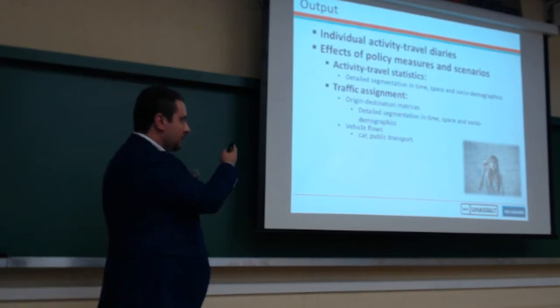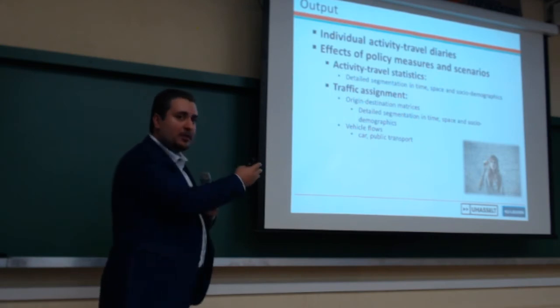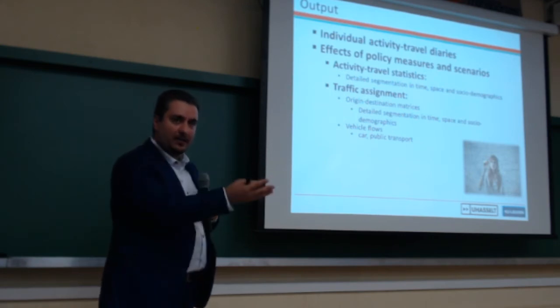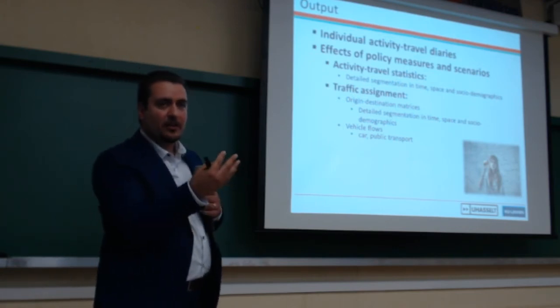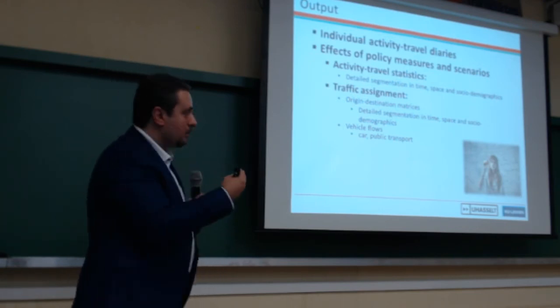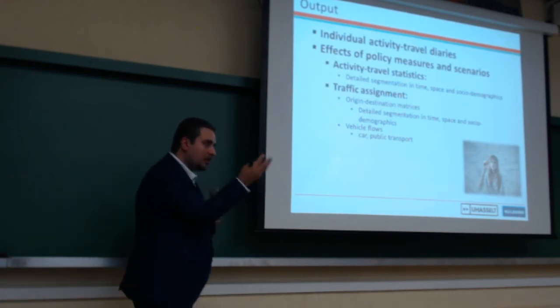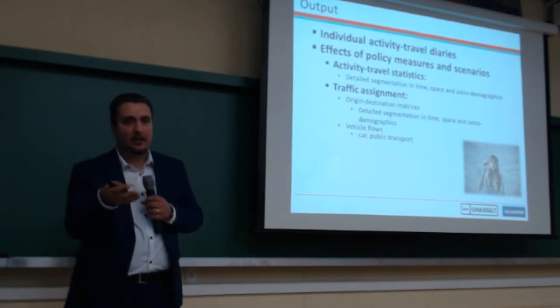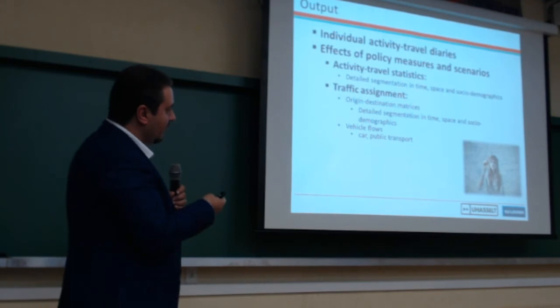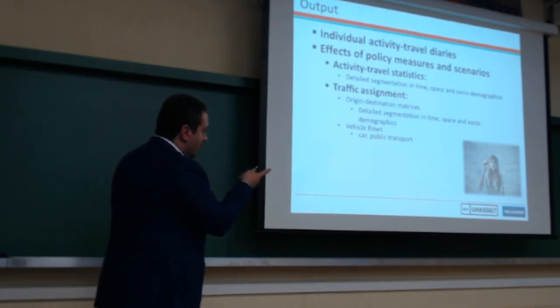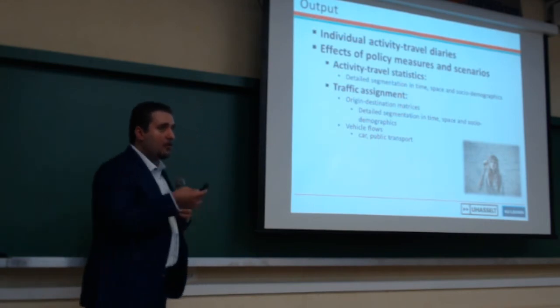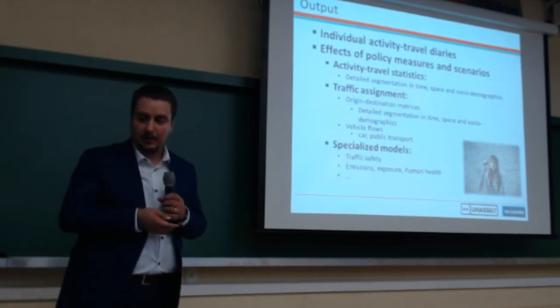When I talk about public transportation here, I mean mainly train, because we cannot basically change train infrastructure very easily. But for cars or for buses or for trucks, because they are using the same infrastructure, it's very easy to simulate and assign that traffic on our road network to see what the vehicle flow looks like.